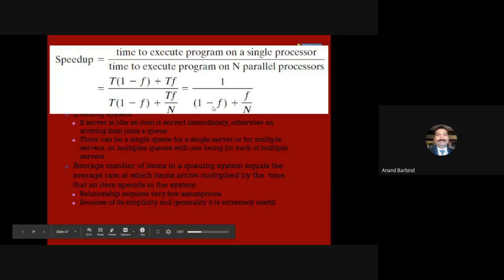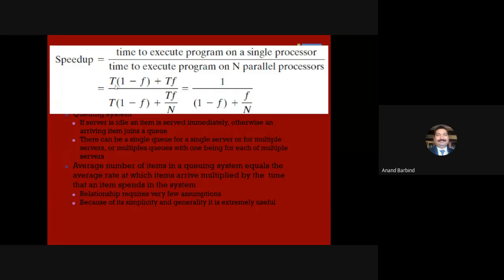Okay, so this is the formula for speed up, that is the time to execute the program on a single processor divided by the time to execute the program on n parallel processors. This is the basic statement of Amdahl's law.